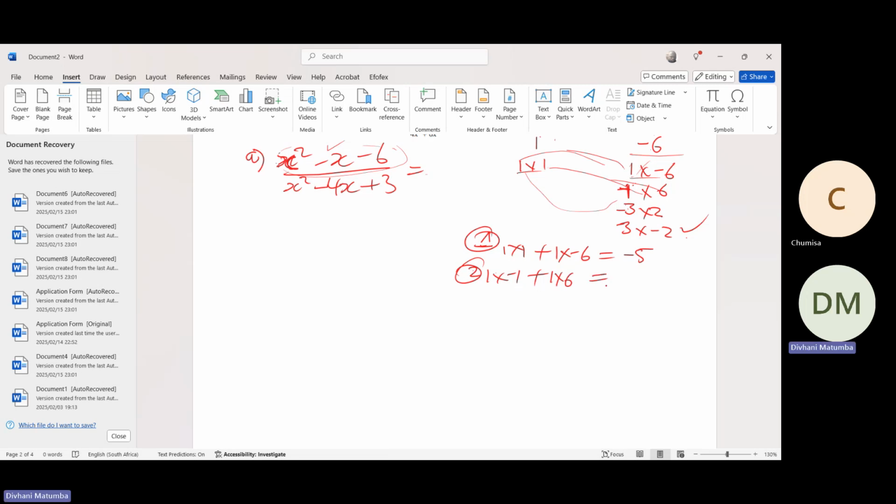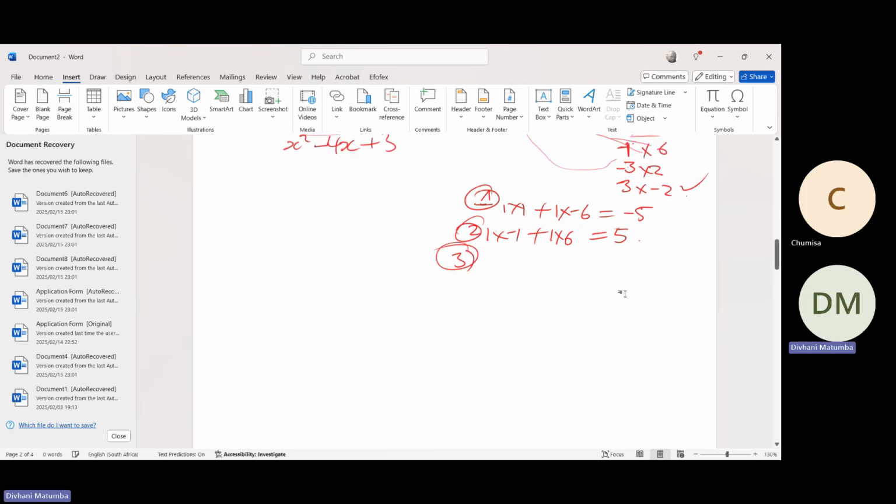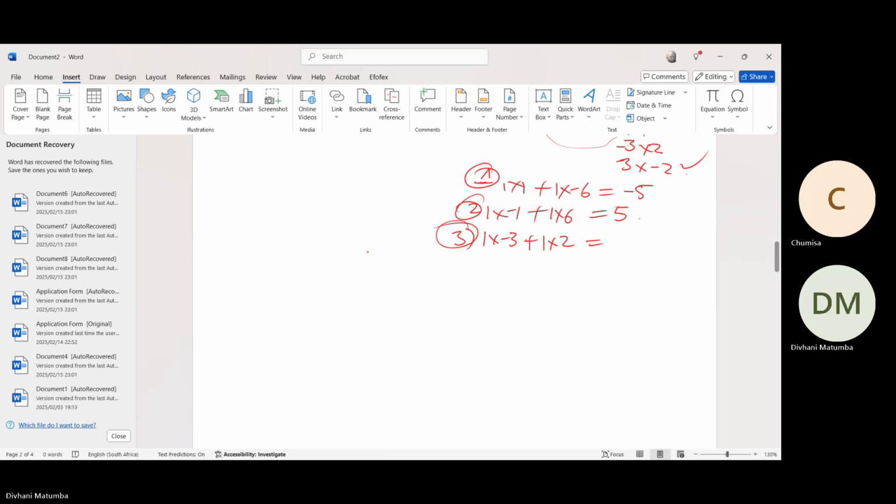It will give us a 5. Third combination, it will be 1 times -3 plus 1 times 2. What do we get? -1.